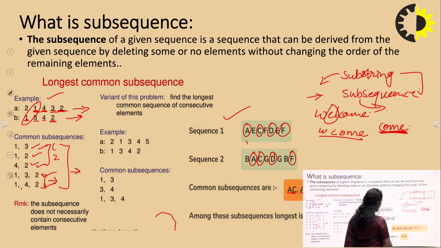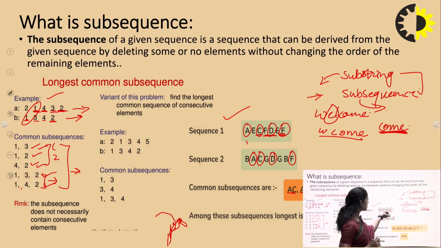Next, A, C, F, because we are not disturbing the order. As given in the original string, we are taking it in just the same manner. So this is also a subsequence. Next we have CF. Here we removed some particular characters, and it is still a subsequence, right?